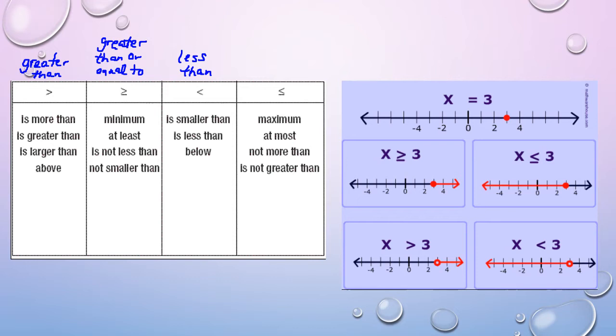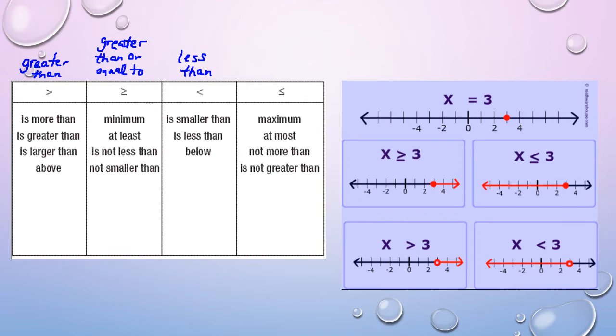This last sign here is the less than or equal to, and the words that mean that would be maximum, at most, no more than, no greater than. These are also very tricky to students because whenever they see maximum, they want to put the greater than or equal to sign.